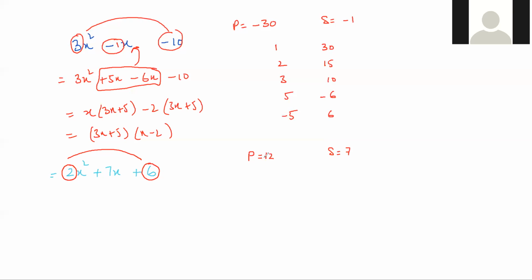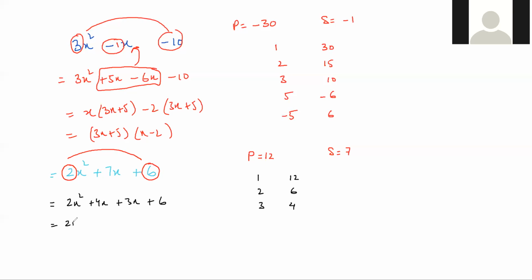Now the product is positive. That means both the numbers have to have the same signs. So this is 1 times 12, 2 times 6, and 3 times 4. Which pair would you accept from here? 3 times 4. So this is 2x squared plus 4x plus 3x and then plus 6.